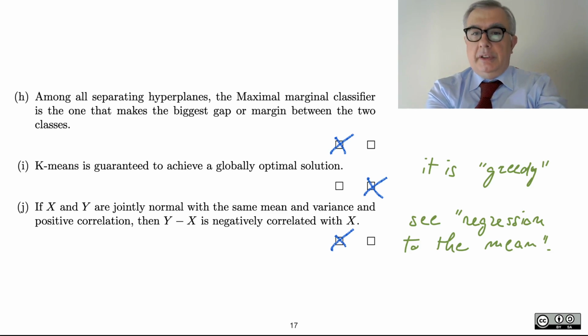But if you can separate by hyperplane, then the definition of maximal marginal classifier is that it makes the biggest gap or margin between the two classes.